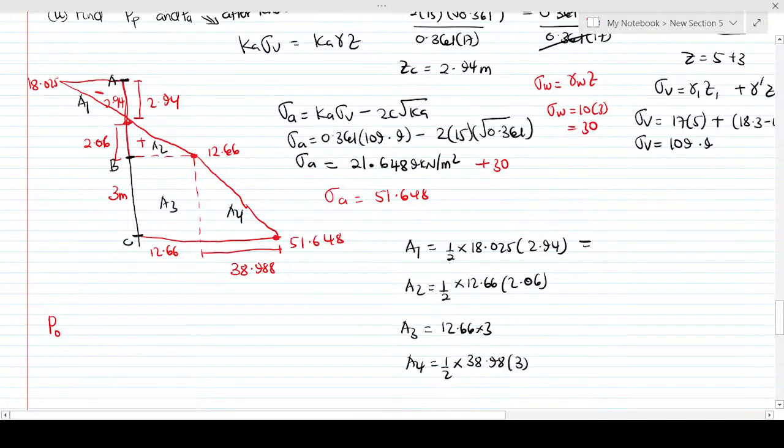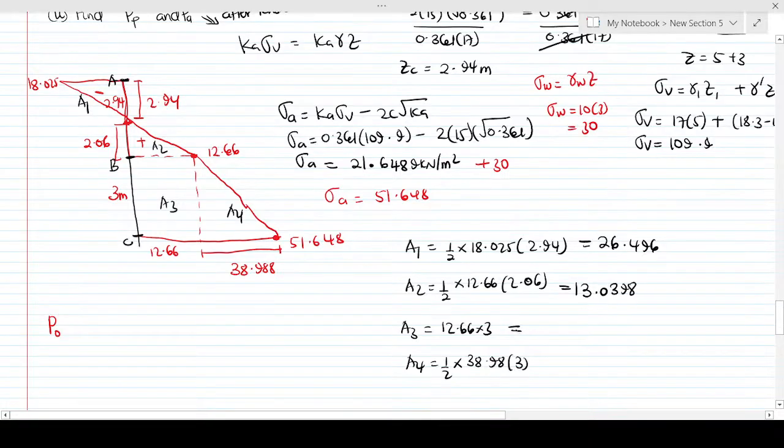So 1 over 2 by 18.025 multiplying 2.94, we have 26.496. Then 1 on 2 multiplying 12.66 multiplying 2.06 will give us 13.0398.